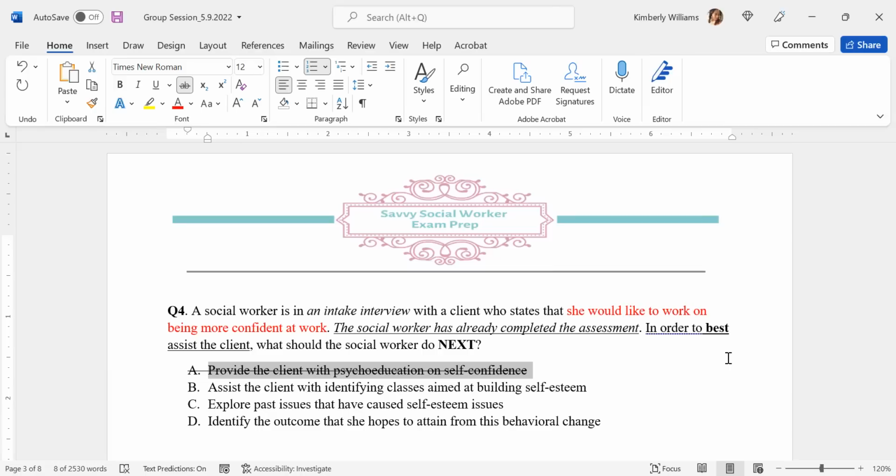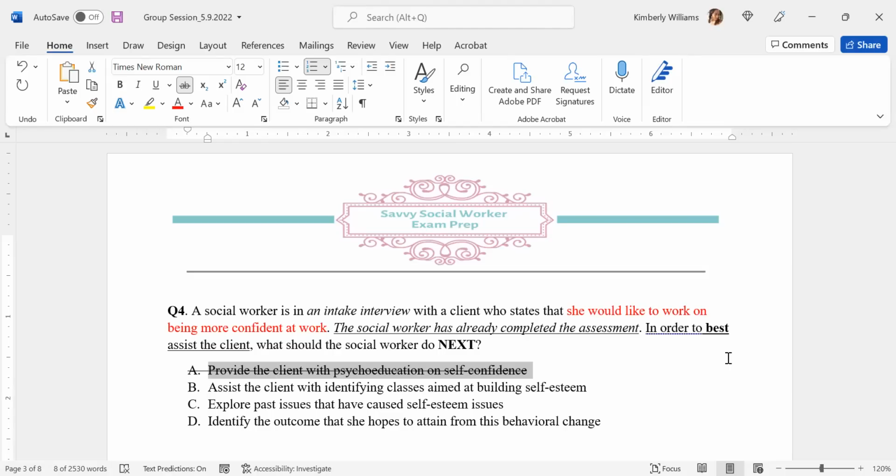The client already feels that she would like to work on being more confident at work. Okay. So I don't think that providing education on self-confidence is really going to address that.